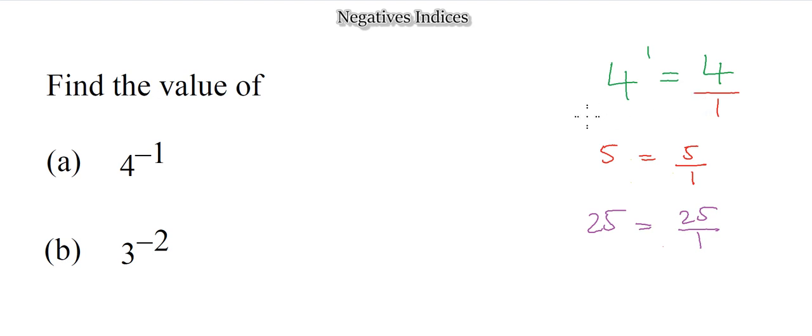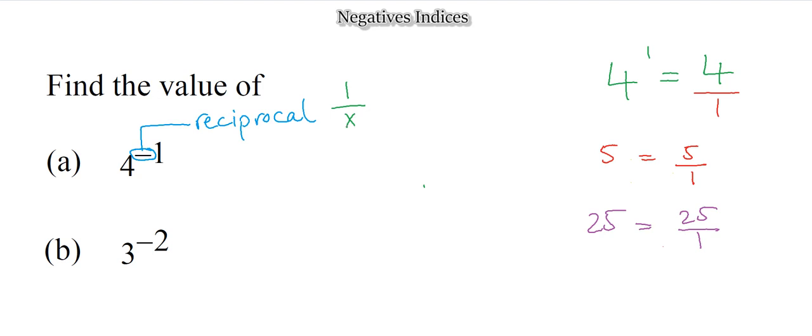Now, when we're dealing with a negative sign here, 4 to the power of minus 1, we know that 4 to the power of 1 is 4. Now 4 to the power of minus 1, what does this minus mean? This minus means a reciprocal. And a reciprocal means that a number will always be 1 over something. So let's just say 1 over x.